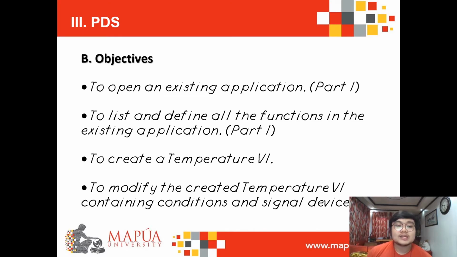And second is to list and define all the functions in the existing application, which is also for part 1, where we are asked to list all the functions used in the pre-built program as well as to define or give their uses on the overall function of the program. Third is to create a temperature VI. Fourth or last is to modify the created temperature VI containing certain conditions as well as signal devices.